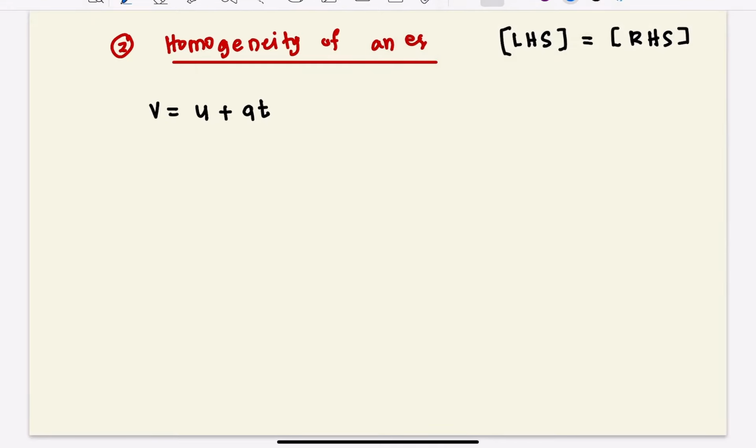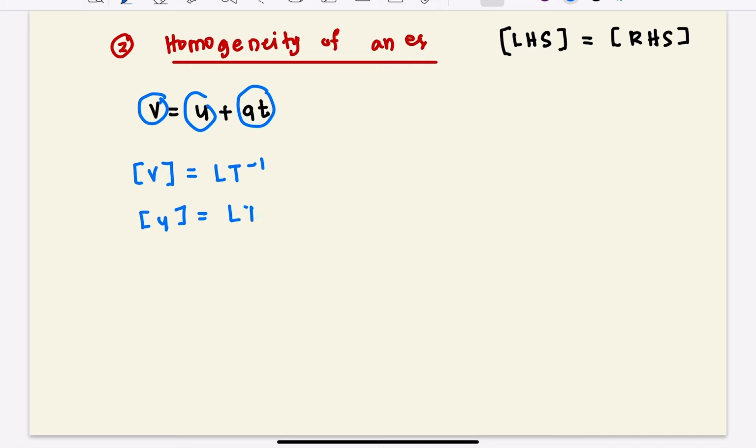So you have 3 terms now: V, U dengan AT. The dimension of V is coming from the equation d over t, or you can look at the unit, which gives LT minus 1. And then you have U, same, U is also a velocity, which is initial velocity.